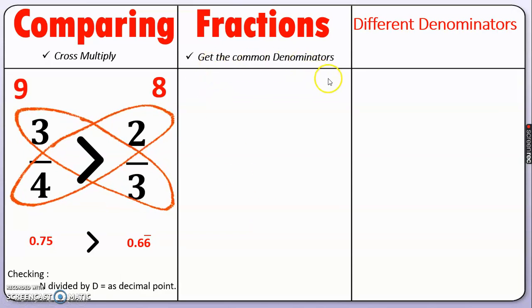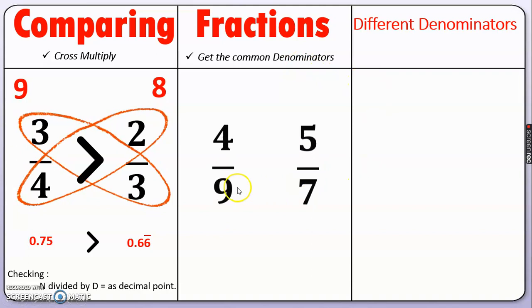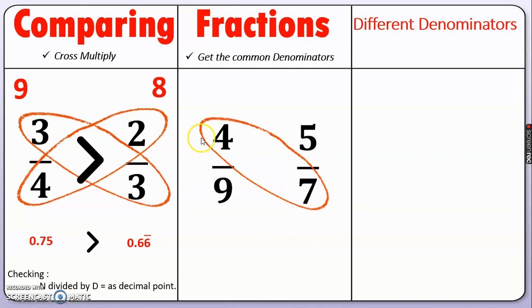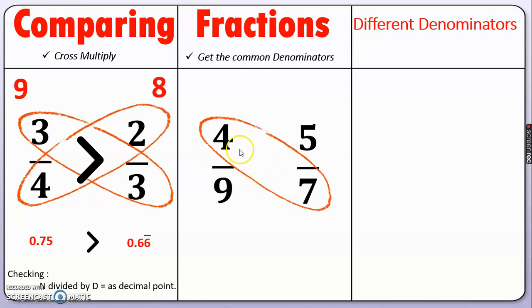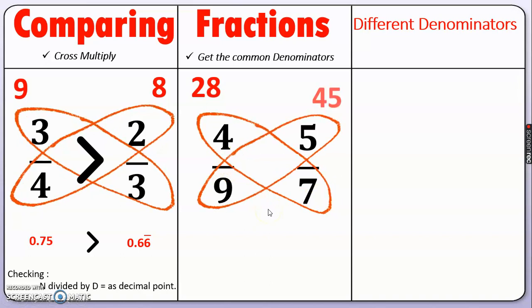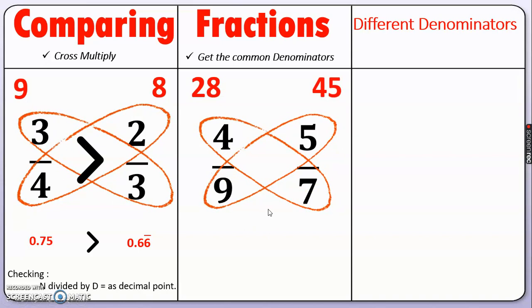Next, let's get the common denominators. For example, we have 4 over 9 and 5 over 7. We can also use cross multiplication. 4 times 7 is equal to 28, and 9 times 5 is equal to 45.